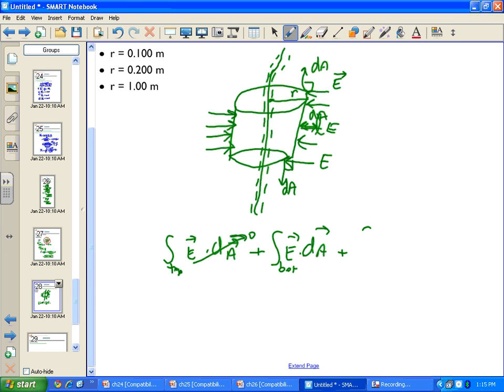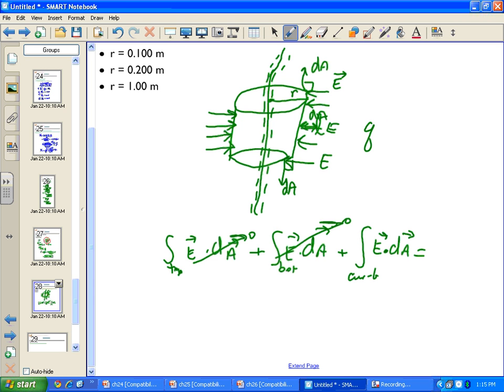And the contribution from the curved portion, E dot dA, which will not be equal to 0 because the angle between the electric field and the area normal is not equal to 0. In fact, it is negative, but of course that will be taken into account by the charge inside.